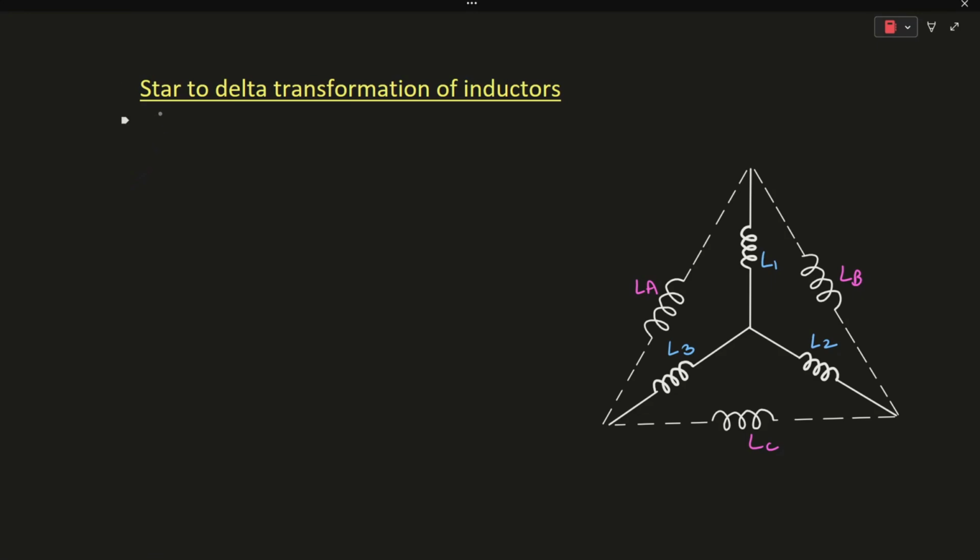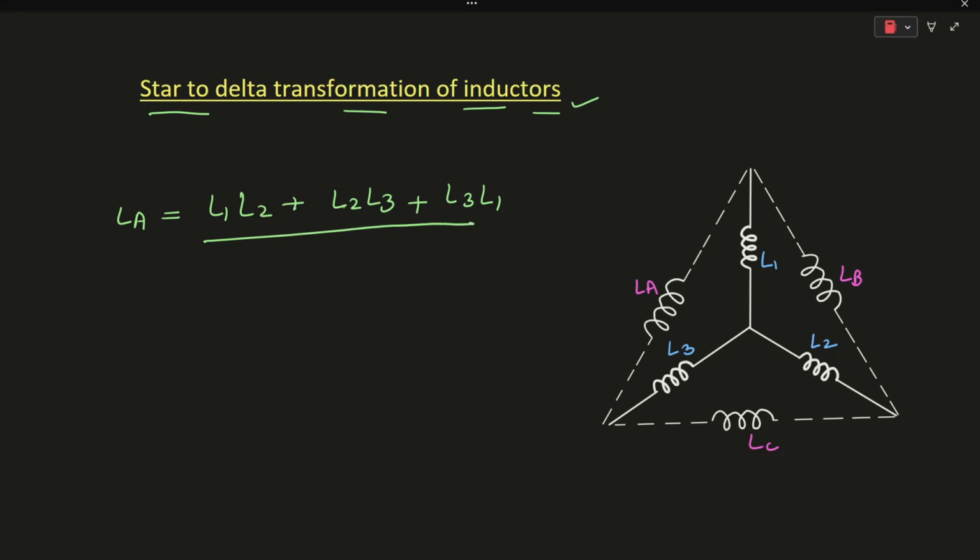Similarly, for star to delta transformation of inductors, the expression will be much similar to the star to delta transformation of a resistor network. So LA will be equal to L1 L2 plus L2 L3 plus L3 L1 over L2.